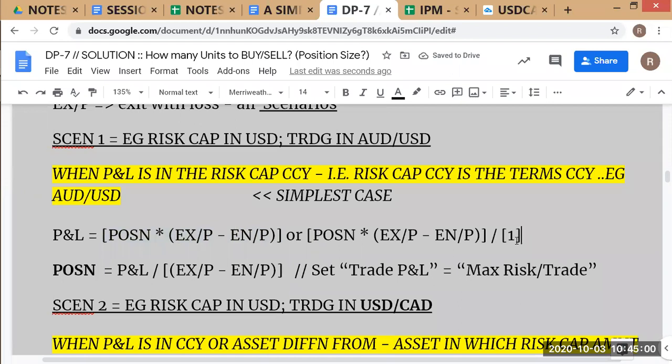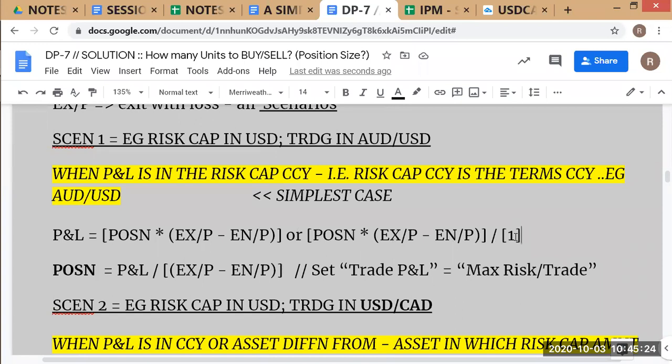Now what is 1? 1 is actually the exchange rate, because PNL is being generated in the same currency as the risk cap currency. So we can say PNL is in US dollars, risk cap is in US dollars. But if we write the expression in general terms as this divided by 1, what is 1? 1 is the exchange rate for US dollars into US dollars.